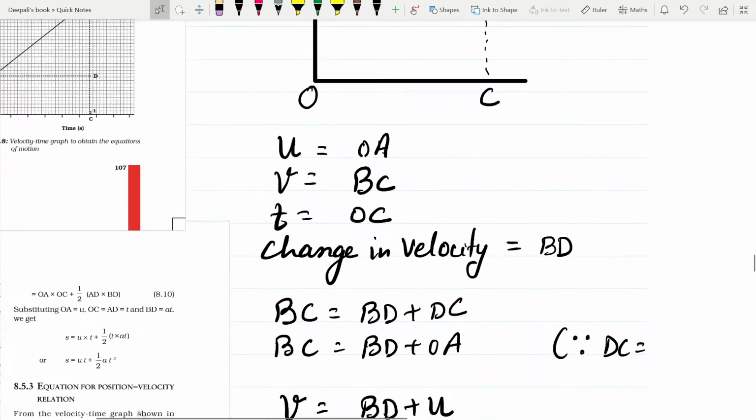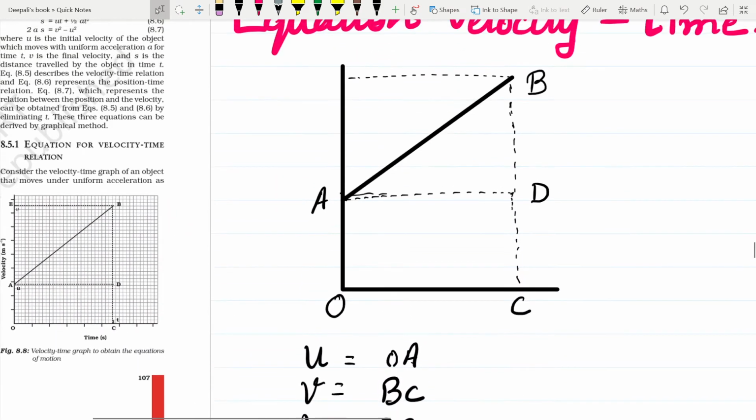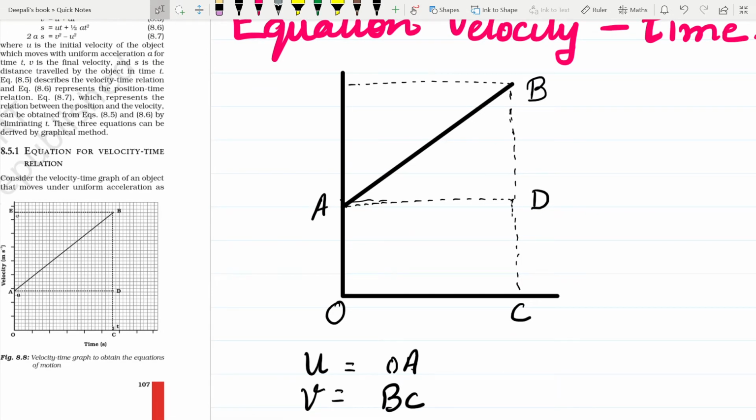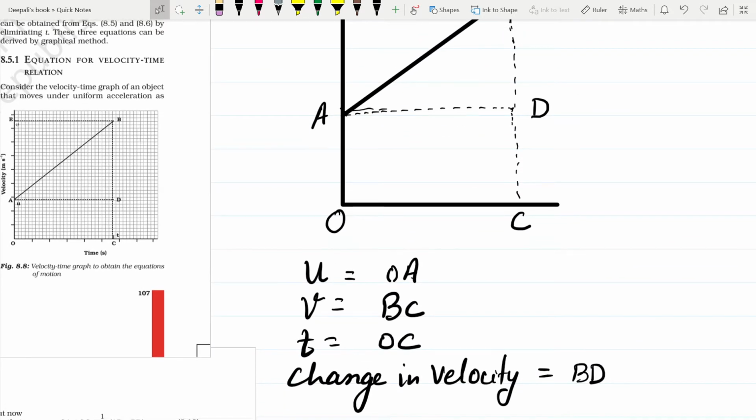After giving the various notations and description to the situation, we see that the line AB forms the slope, or the acceleration, of the object. Now the initial velocity is represented by u, which according to the graph is OA.